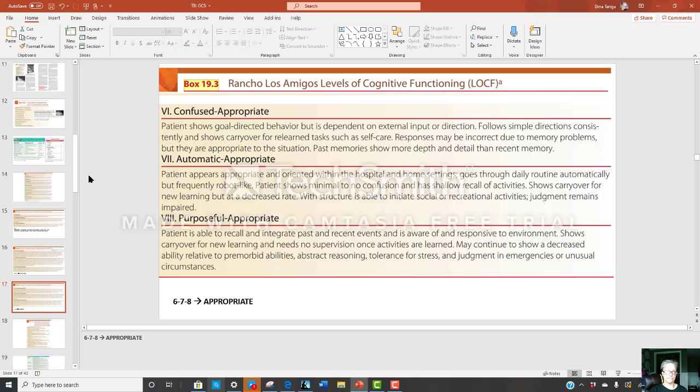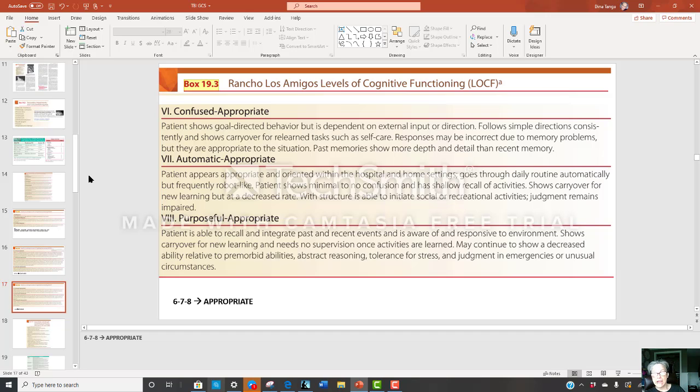At lunch, I go eat, I sit in my chair. At supper, I go eat, I sit in my chair. So goes through daily routines automatically, but like a robot. I'm going to go sit in my chair. I'm going to go eat lunch. Automatic, appropriate. Number 7.